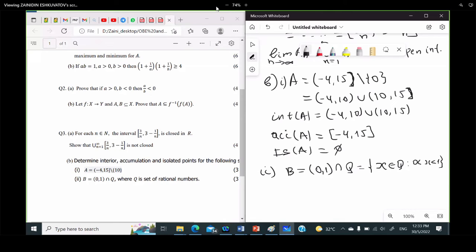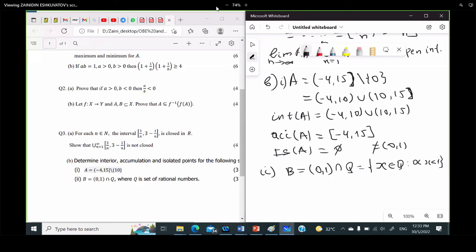So it means all the rational numbers in the interval. I cannot say this is equal to 0, 1, because that is a real number set. No, so it is not equal to this. It is all the numbers in the interval which are rational. So this is the B set.